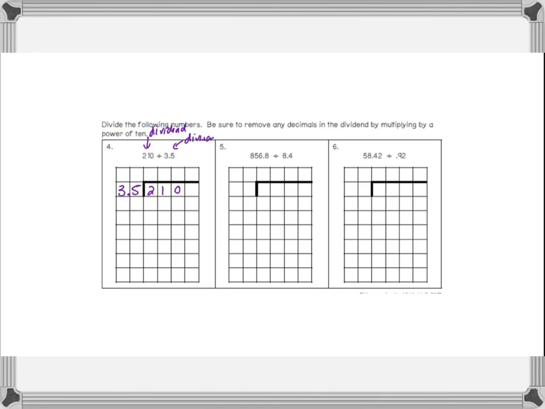My divisor, I have to swoop one time to make it a whole number, so that means I'm going to do the same in my dividend. 210 is already a whole number, so my decimal point is here, and I'm going to swoop once to the right and add a 0 to fill in that divot. So now my decimal point comes up top.